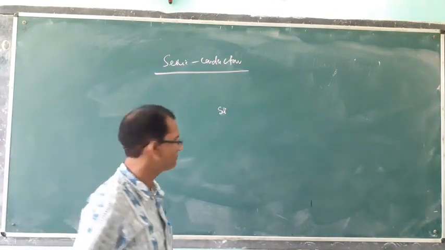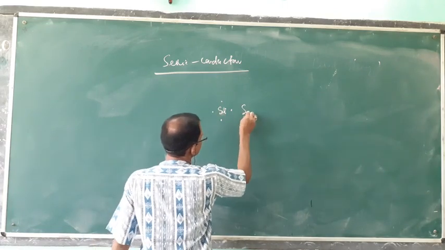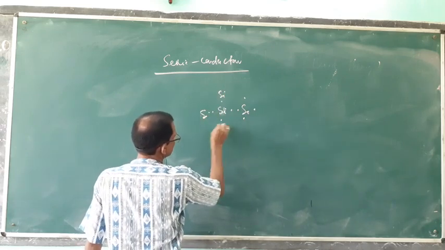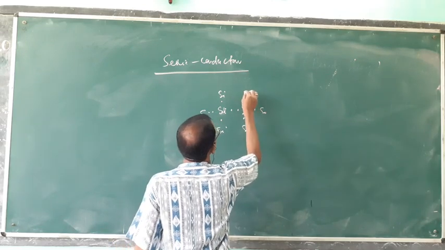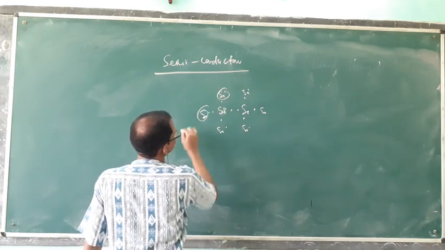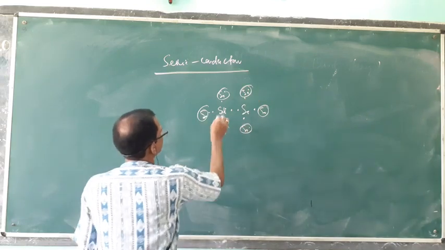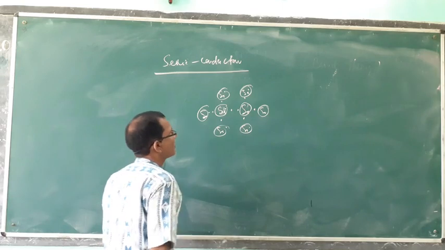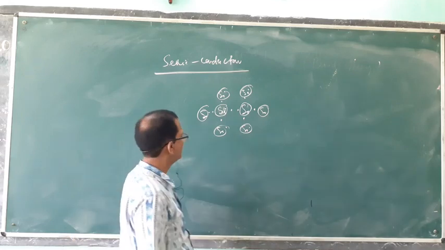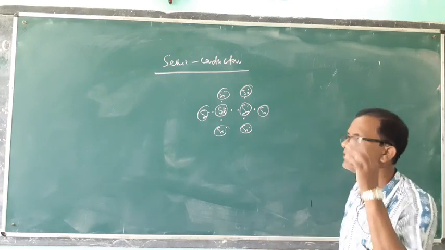They are tetravalent, valence electrons 4. Here one silicon, here one silicon, like this. Silicon atoms join one another by sharing of valence electrons. It shows electrical conductivity but very low.